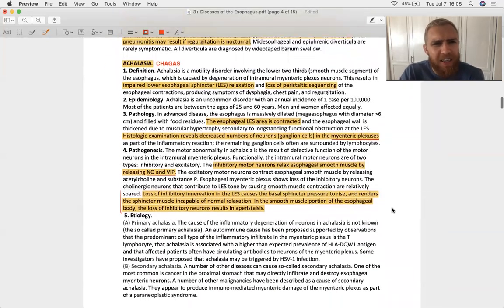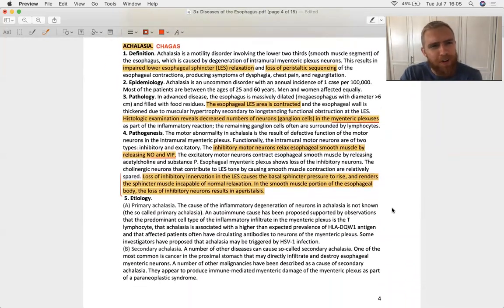Now we've got achalasia. I love saying that word. Nice word, very aesthetic word, achalasia. Before we really get into it, I want to mention that this has a correlation with Chagas disease, which is spread by Trypanosoma cruzi. Remember, that's Che's gas, the sketch. And what's the bug that's associated with that? It's the kissing bug. It's the reduviid beetle.